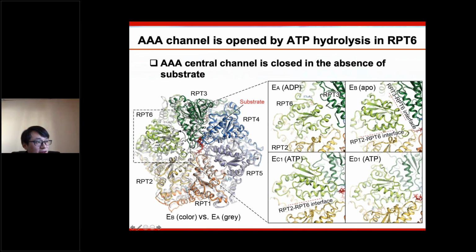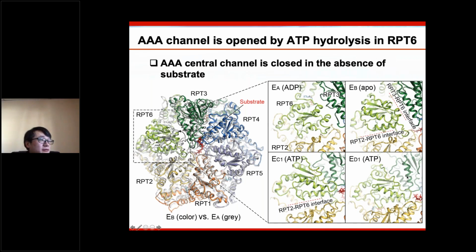Then in the later steps, you start to see these interfaces close one at a time. First the RPT3 to RPT6 interface is closed in the C1 state, while the other interface is still wide open. And in the D1 state, both are closed.